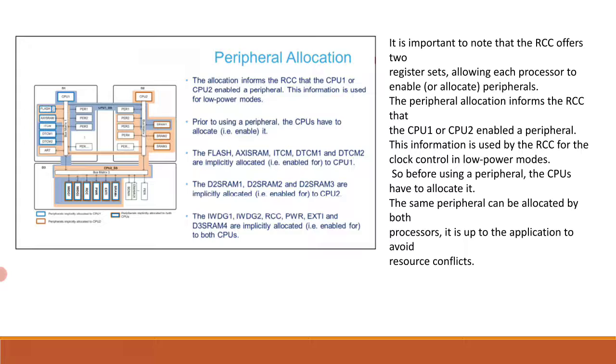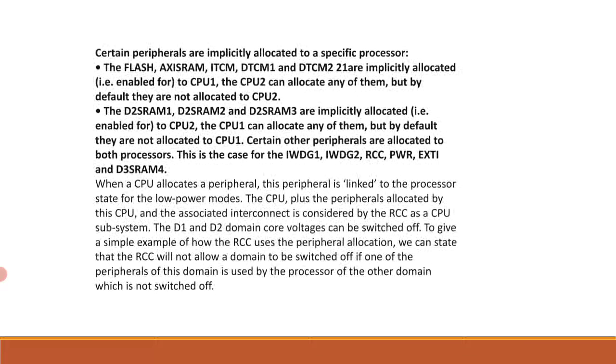Certain other peripherals are allocated to both processors. This is the case for IWDG1, IWDG2, RCC, PWR, EXTI and D3 SRAM. When a CPU allocates a peripheral, this peripheral is linked to the processor state for the low power modes. The CPU plus the peripherals allocated by this CPU and the associated interconnect is considered by the RCC as a CPU subsystem.